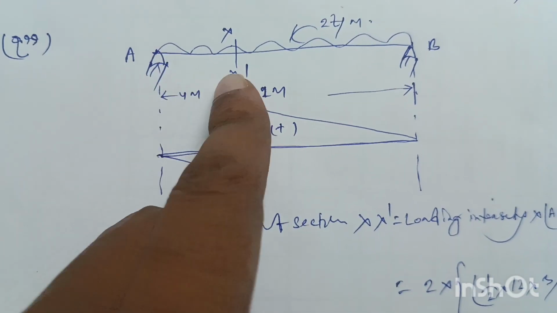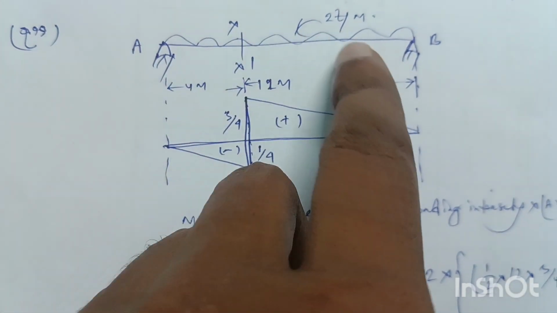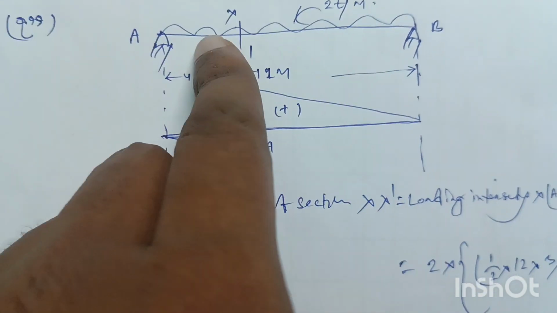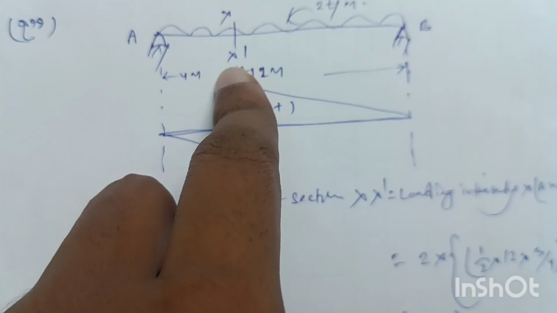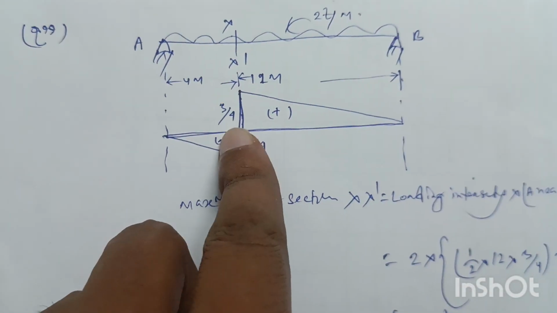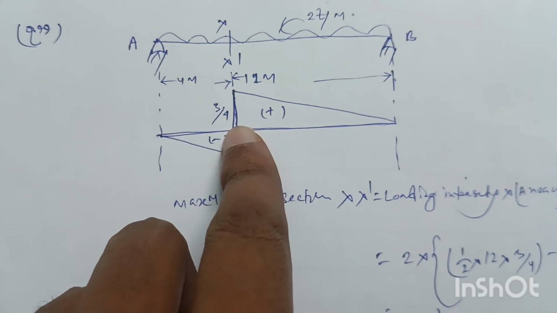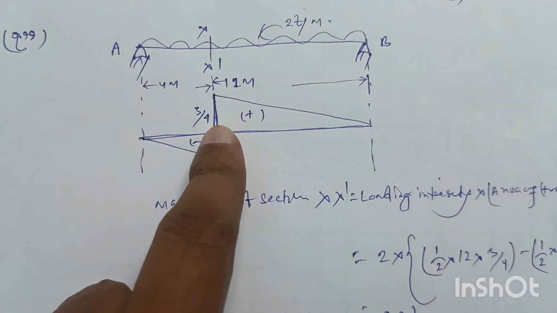So this is the simply supported girder AB subjected to a uniformly distributed load 2 ton per meter, and this is the section X, and at this section X the influence line diagram for the shear force at X section is given. This is the influence line diagram for maximum shear force at section X.